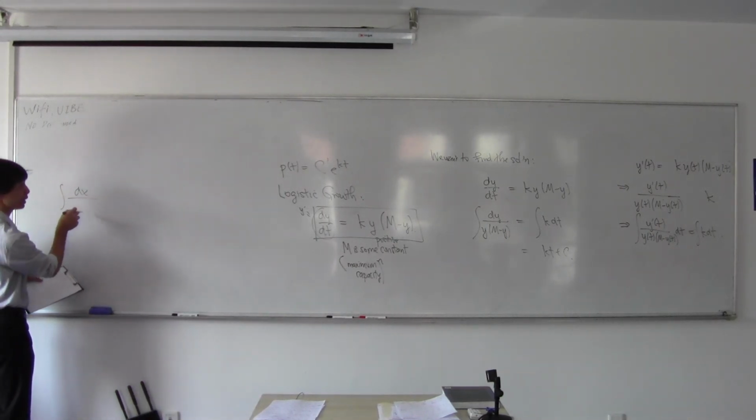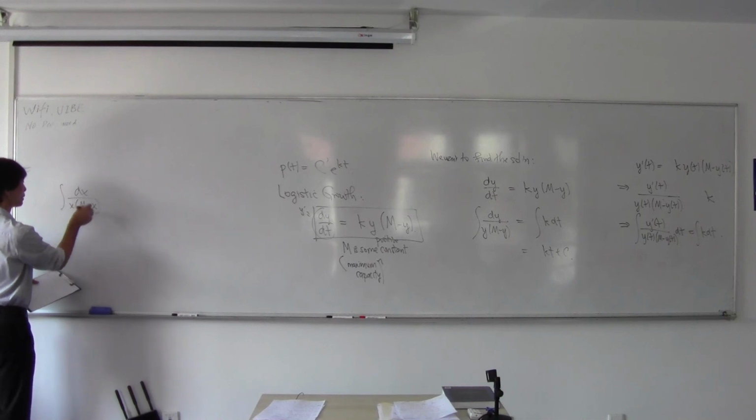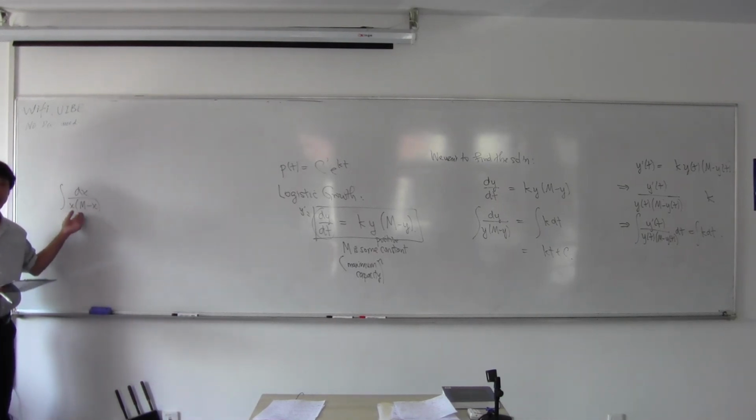Suppose I gave you x times (m minus x) and asked you to integrate it. You know a technique. The log will be involved, but you need to do something else first.